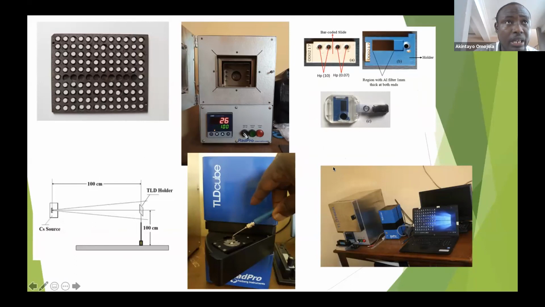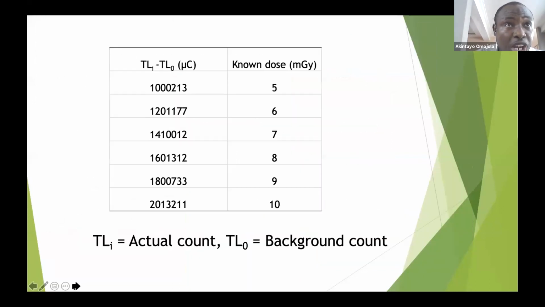And we had plenty of results. This is assumed that we have done this. Practically, for 5 milligray, an average of 3 chips were used. For 6 milligray, 3 chips, 7, 3, 8 milligray, 3 chips, and so on. So we now have to look for their average, and then we have something like this. Our TL is our actual count.